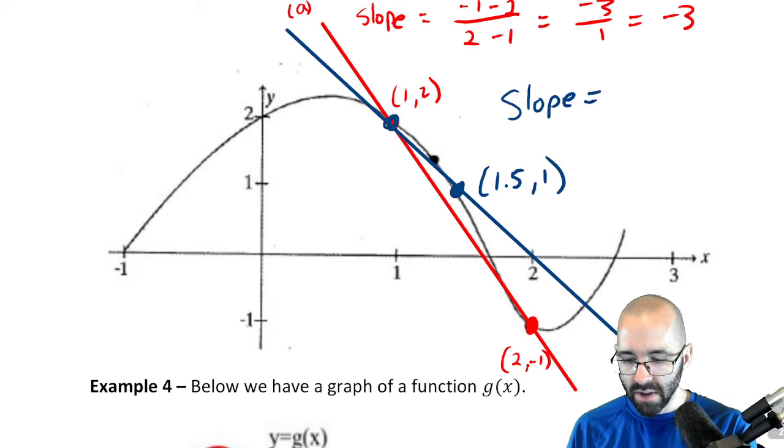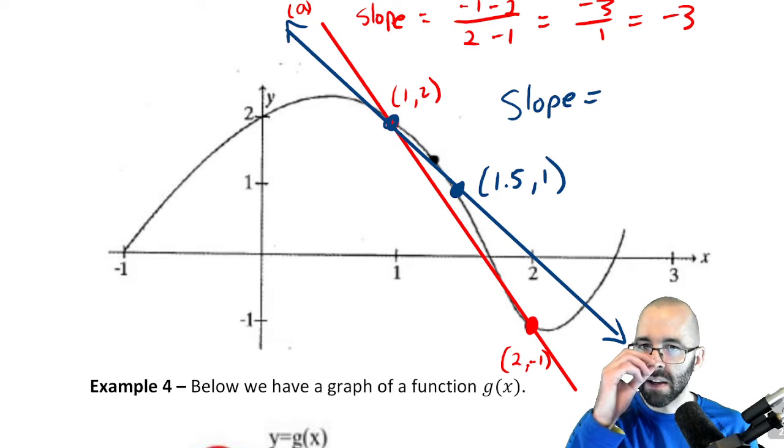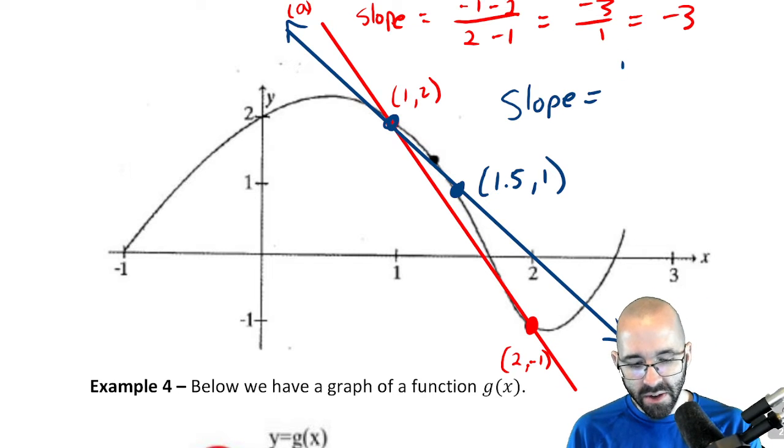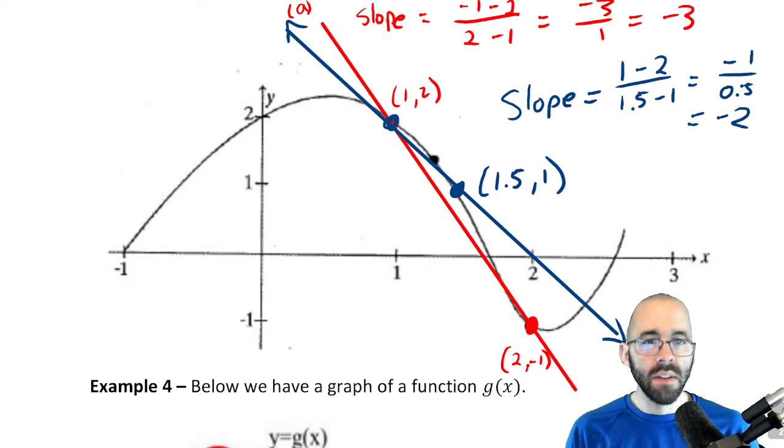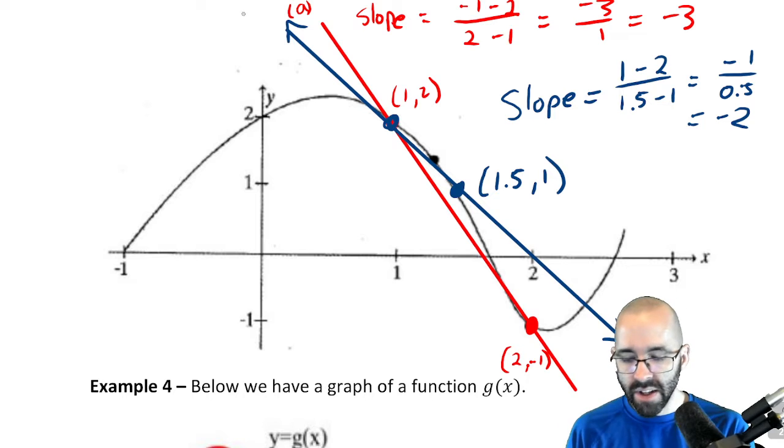Like so. And if I'm really good, I should be including arrows on this. So the slope is y2 minus y1 over x2 minus x1. That's -1 over 1/2. It goes to -2. That's part B.